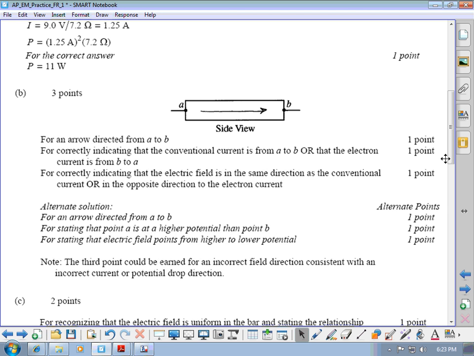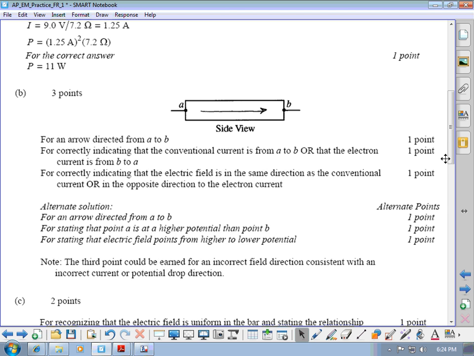The conventional current is flowing around the circuit clockwise. So that means that the positive charges go from A to B. And the conventional current is the flow of positive charge. The electric field points in the direction of the force on positive charges, so it must be from A to B. That would be a way of saying that, getting those 2 points for the explanation.